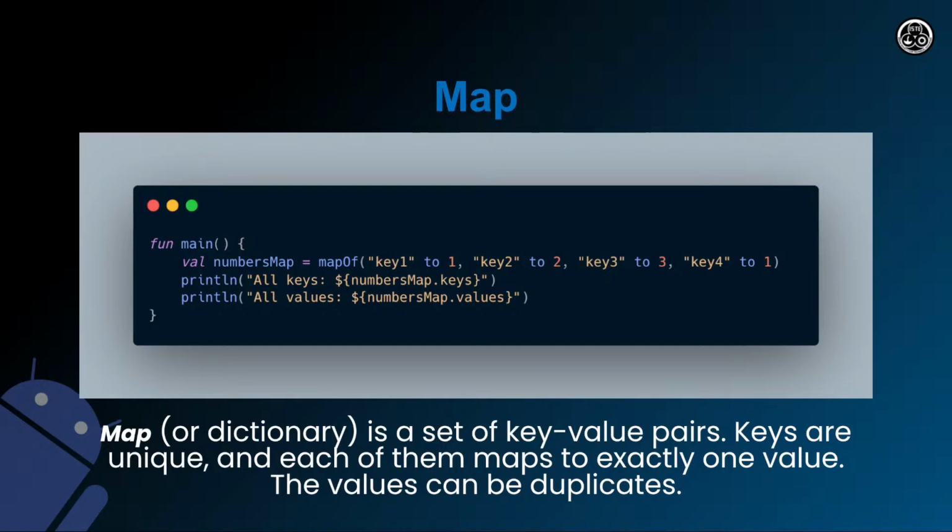Maps are useful for storing logical connections between objects, for example, an employee's ID and their position, right? So over here you can see that this is the key and this is the value, this is the key, and this is the value, right? All the keys of our map can be accessed by the .keys property, and all the values can be accessed by the .values property.